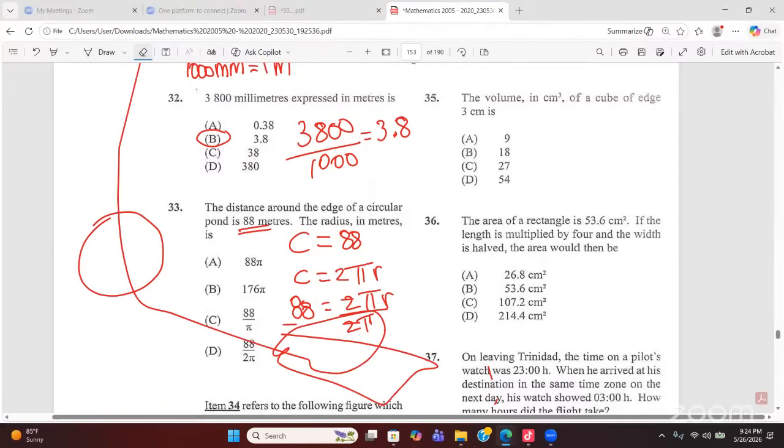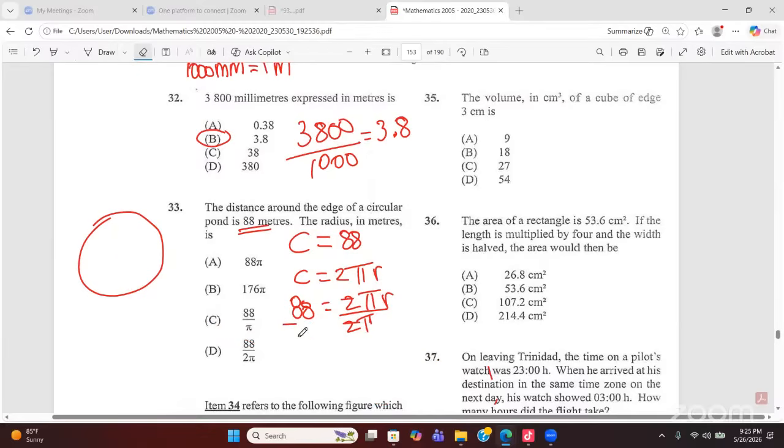So the answer is actually D. All right, 33 is D. That's it right here. See there? D. All right. Everybody good with D? 33 is D.